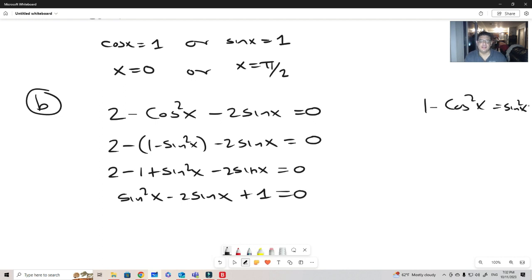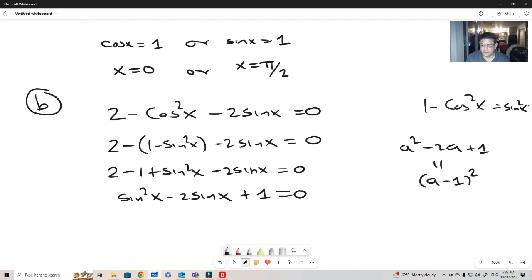And so now this is looking familiar, right? Notice that if you have a squared minus 2a plus 1, that can actually be factored as a minus 1 square. This is a binomial square.